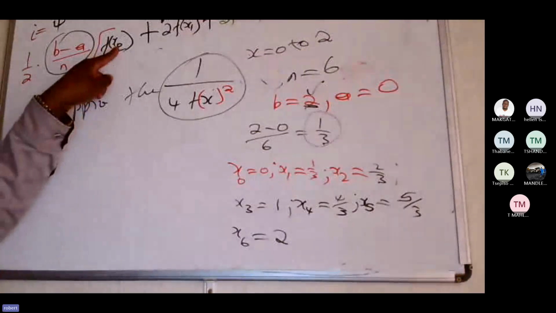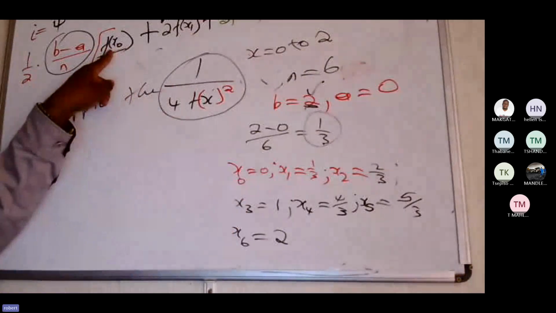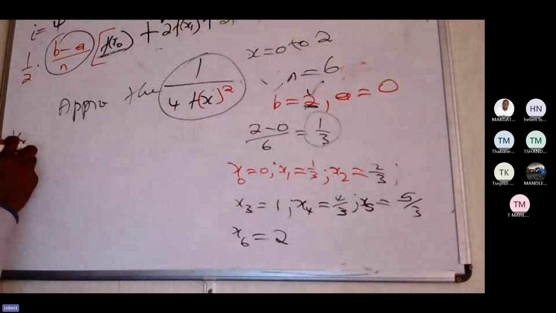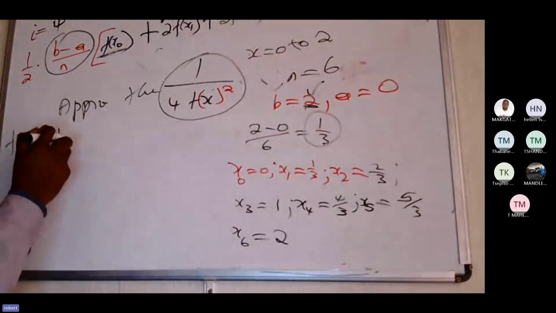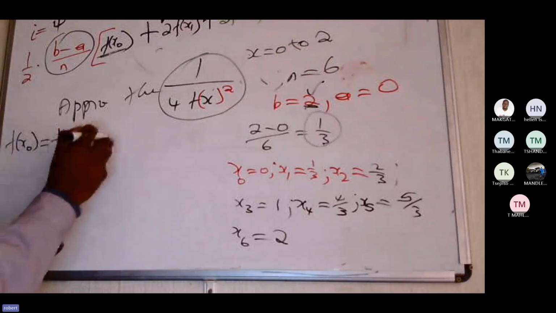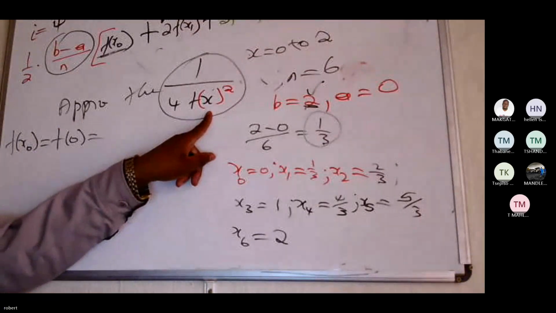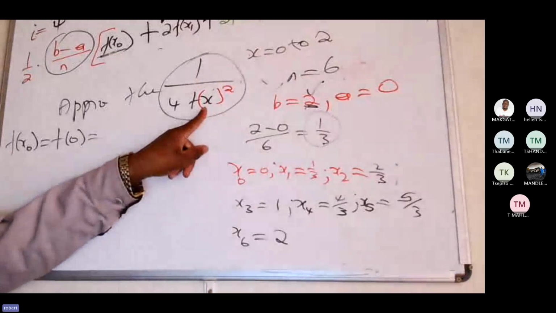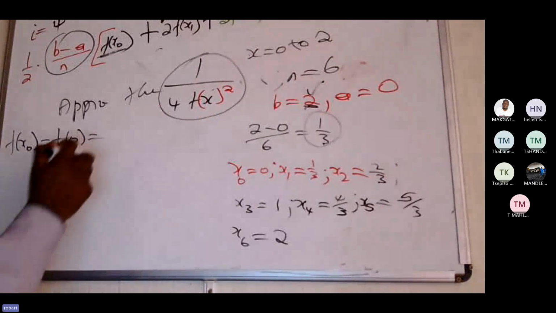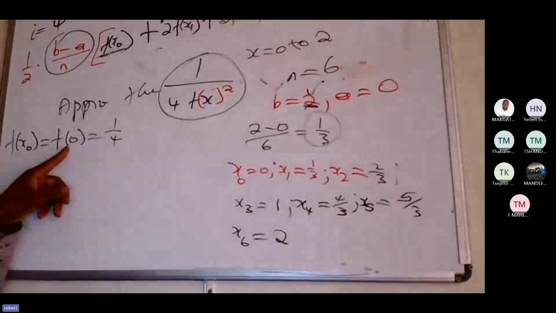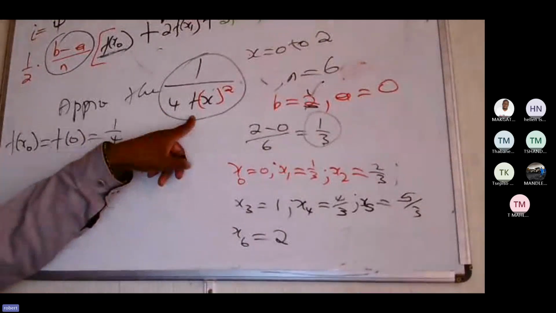If x0 is 0, then what will f of x0 be? It will be f of 0, which is how much? Then you write it here. You place x by 0. We know it will be 1 over 4. This is our f of x.